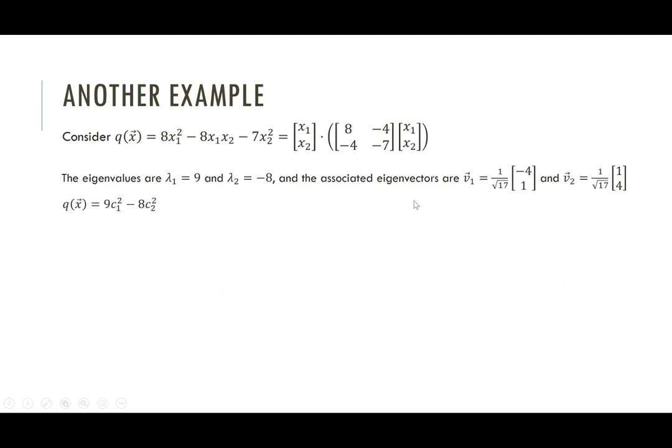And so when we diagonalize this quadratic form, we would get 9c1 squared minus 8c2 squared. And this, if you remember from Calc 3, is a hyperbolic paraboloid. But now, instead of oriented along the xy axes, it's oriented along the axes through the eigenspaces corresponding to v1 and v2.